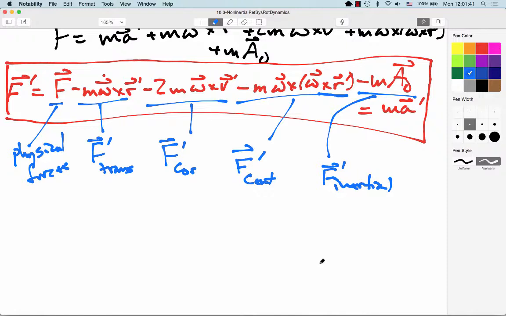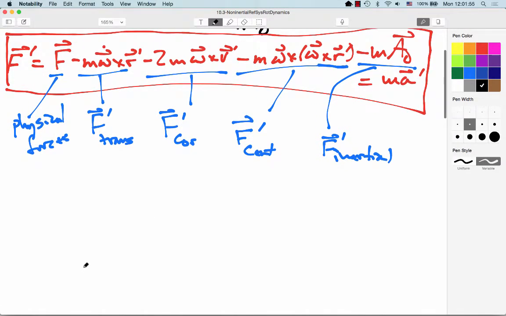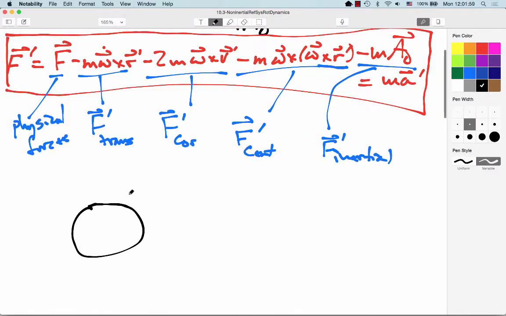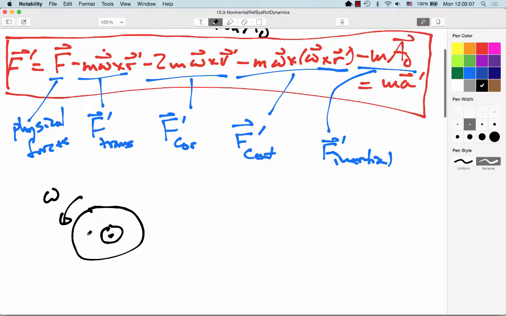So I think we treated the effect of the inertial force before, so I don't really need to look at that now. But I would like to get a feel for how the other three forces would point. So the example I'm thinking is that we're on a turntable, and let's make it rotate counterclockwise. So then omega will point out of the page.